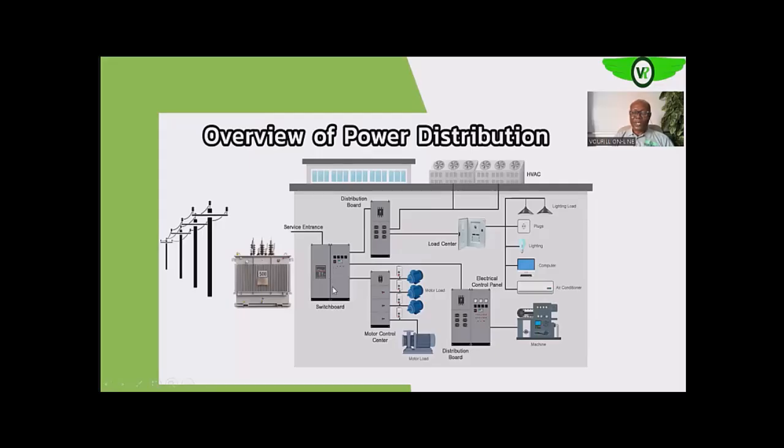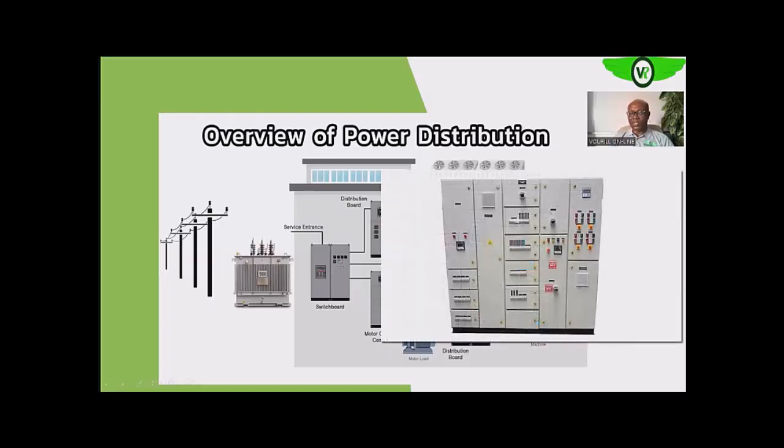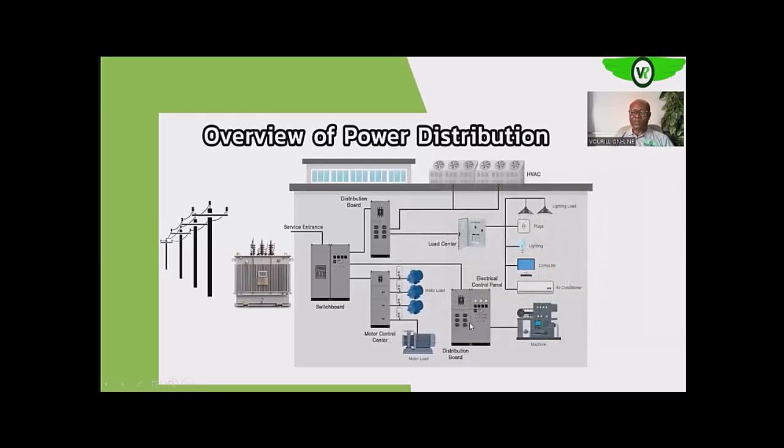Then from their switchboard, they take to their various loads, as you can see here, to the motor control centers, where all the electric motors in the facility are tied. Then others to other distribution boards controlling other equipment in the facility. Then others to other control panels that may be operating other facility or production equipment. So this is the end part.